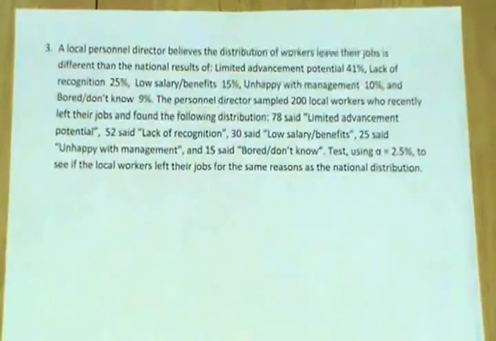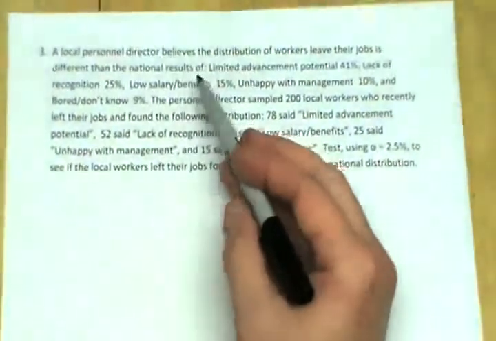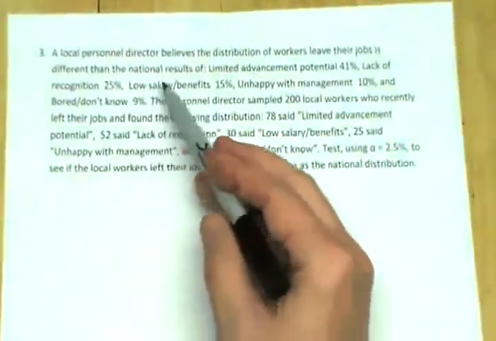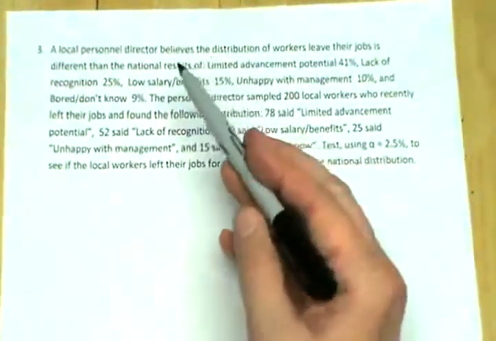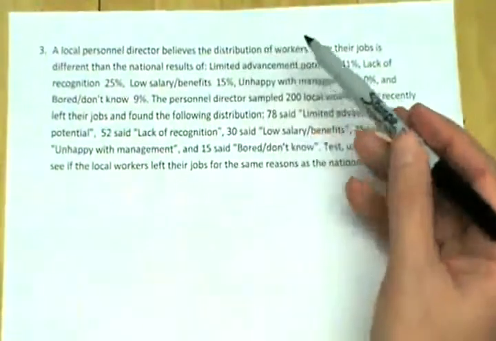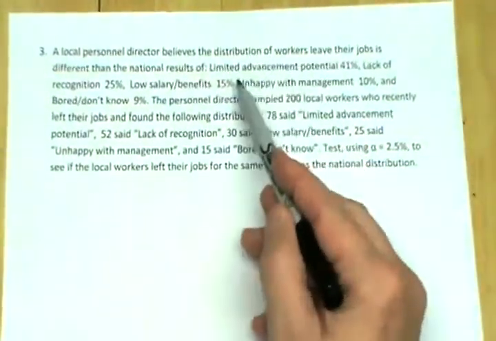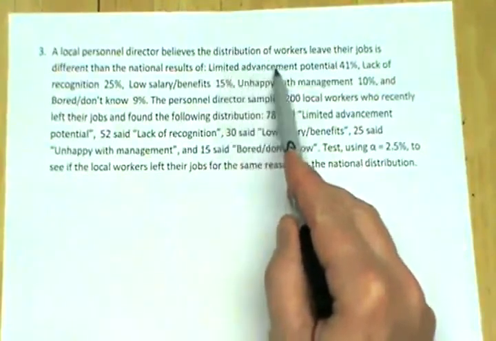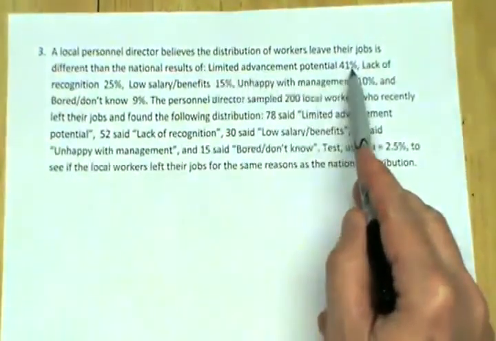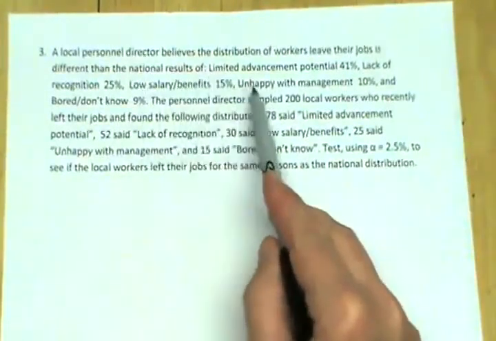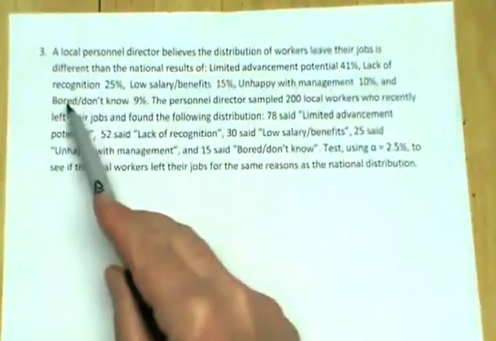So this one, a local personnel director believes the distribution of reasons workers leave their jobs is different than the national results. So this personnel director thinks that the reason why people leave their job locally is different than nationally. Here are the choices: limited advancement potential, 41% said that; lack of recognition; low salary or benefits; unhappy with management; and bored or don't know.